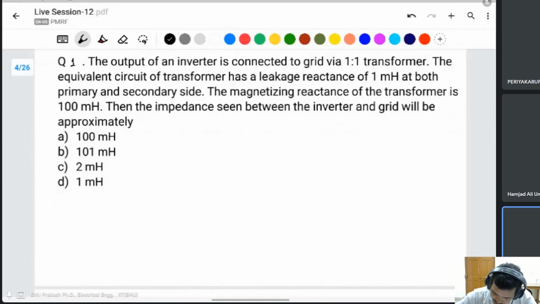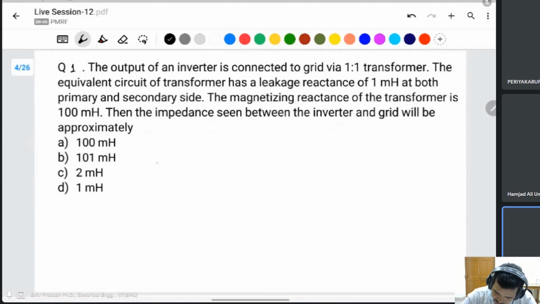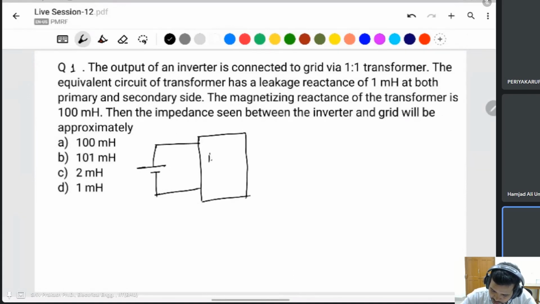There is a system, it will be connected like that. Given the inverter is supplied by the DC source, the PV panel. After that, this is the inverter, a single phase inverter. This is connected to the transformer, a step-up or step-down of the voltage.